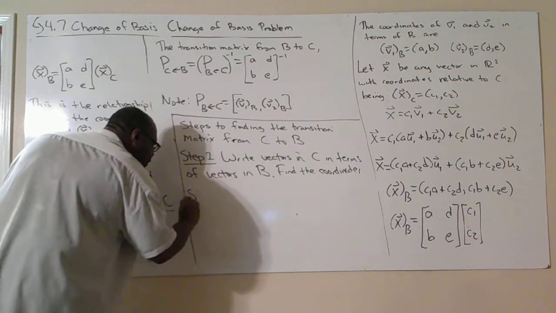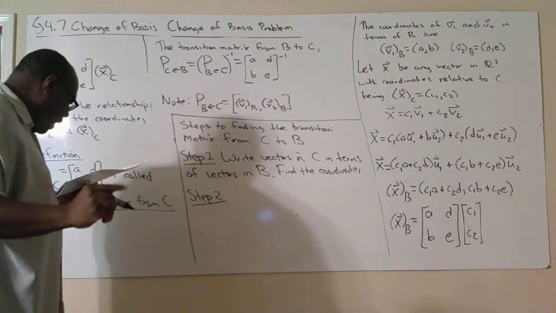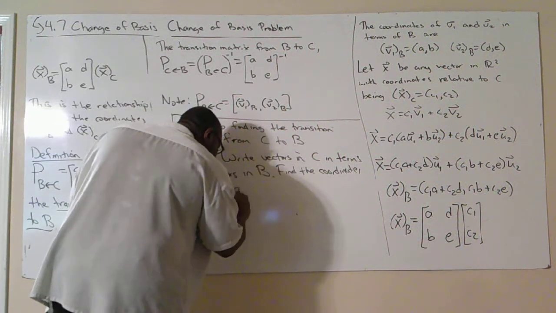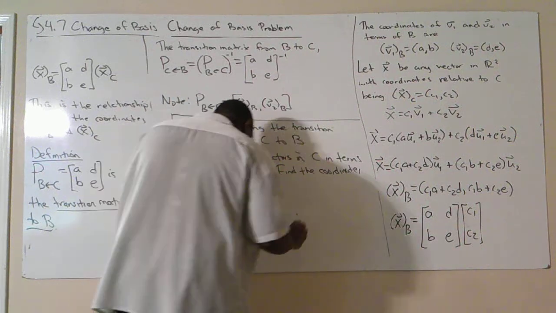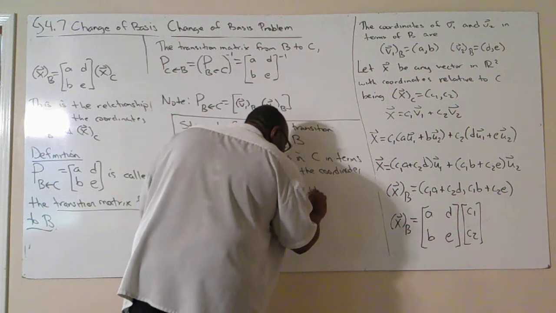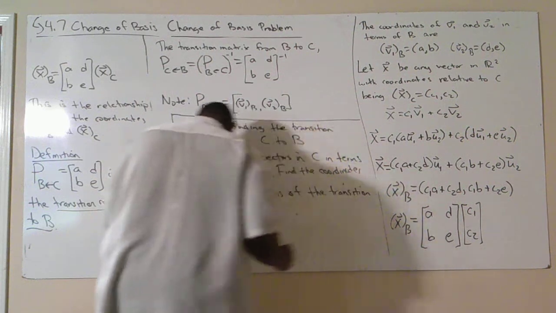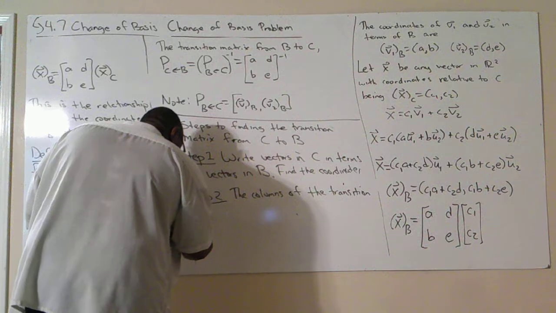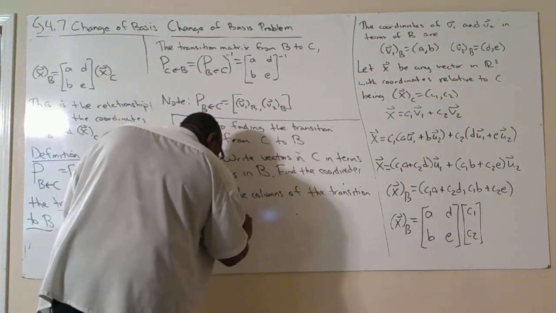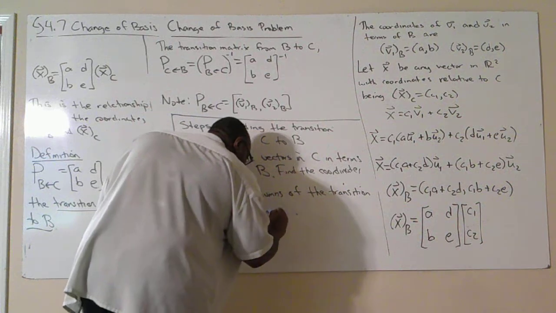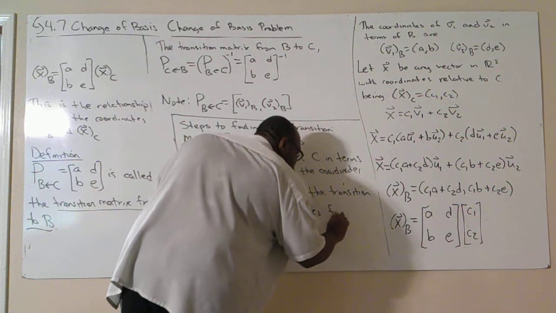Step two is that the columns of the transition matrix are the coordinates found in step one.